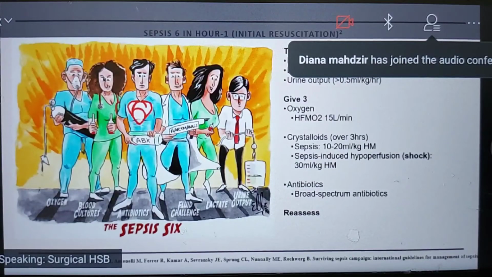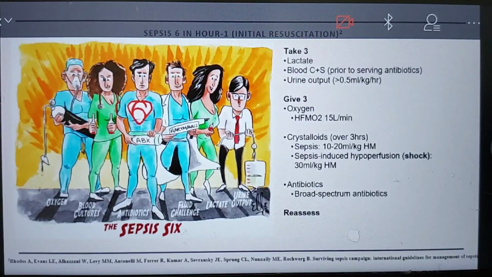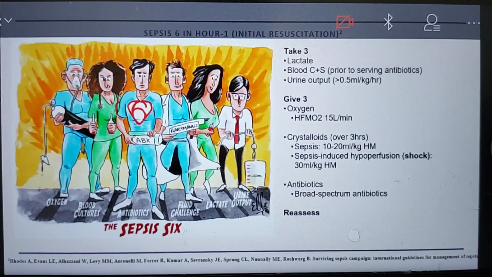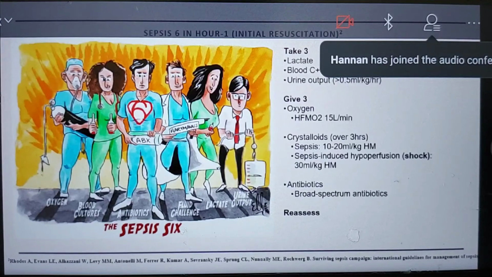This is the simplified diagram for the first 1 hour sepsis management, the initial resuscitation in sepsis. We can easily remember it by take 3, give 3. What we need to take from the patient is lactate. First, we need to take lactate and blood culture prior to giving antibiotics, and monitor urine output.